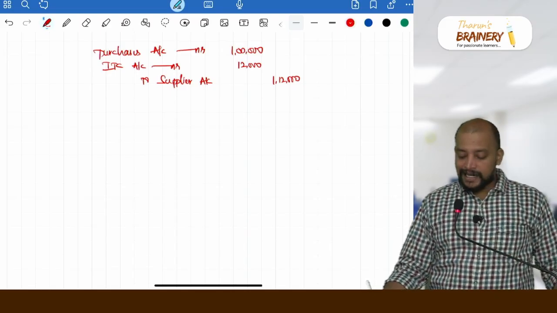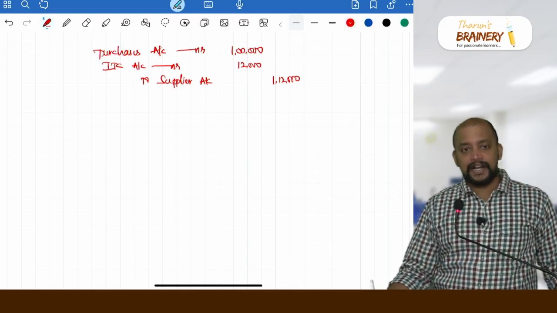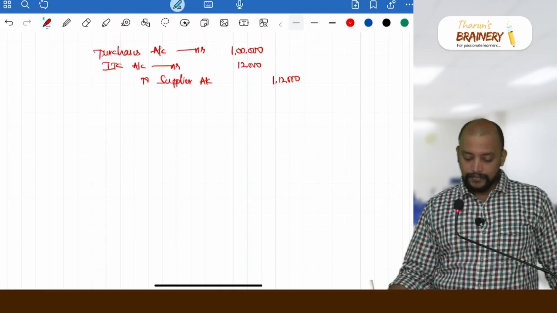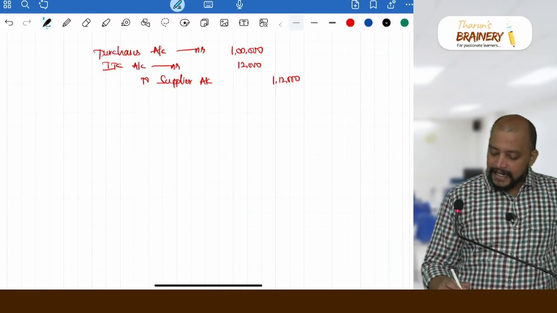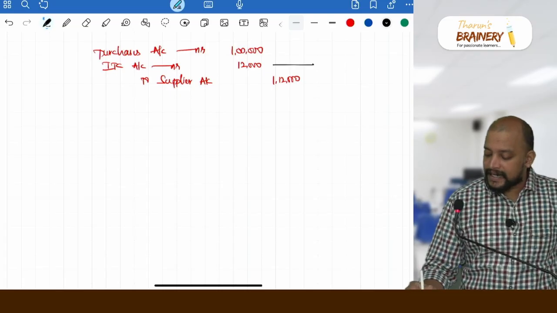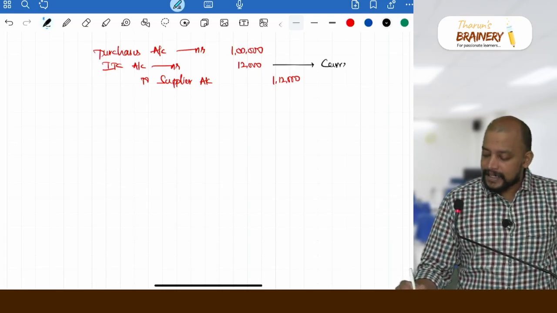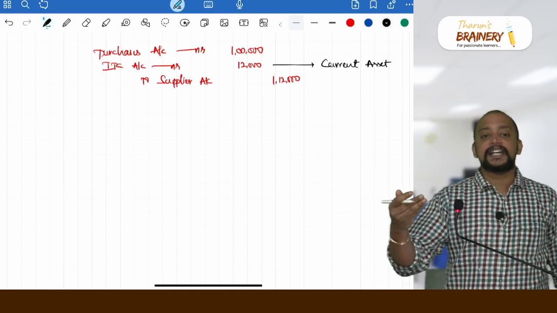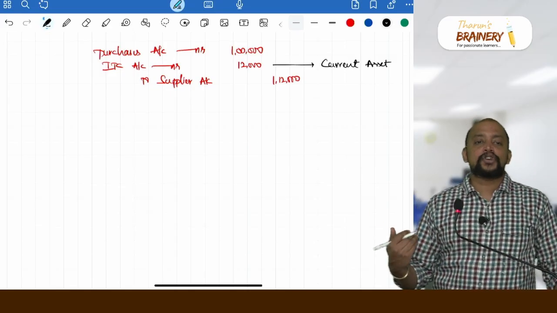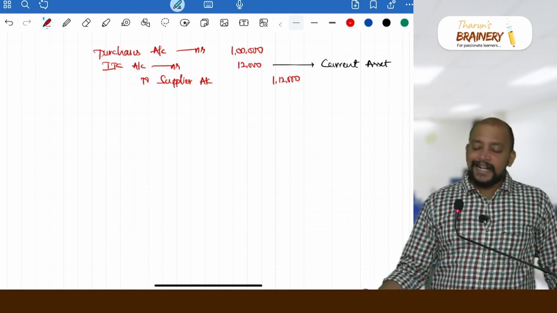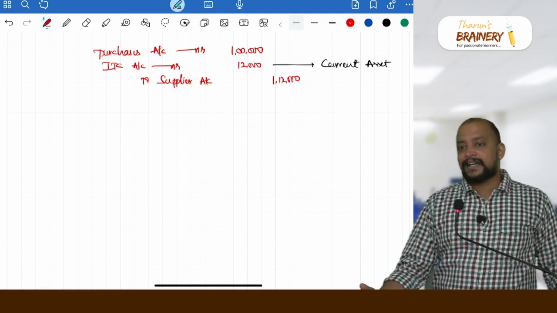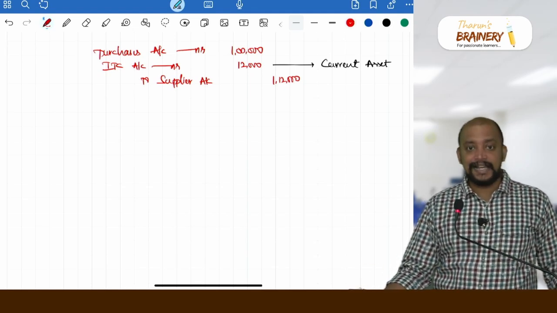Purchase account debit 1 lakh, ITC account debit 12,000, to supplier account 1,12,000. And this ITC is recognized as a current asset. We have an asset because it is recoverable, and usually an asset shows what balance? Debit balance.